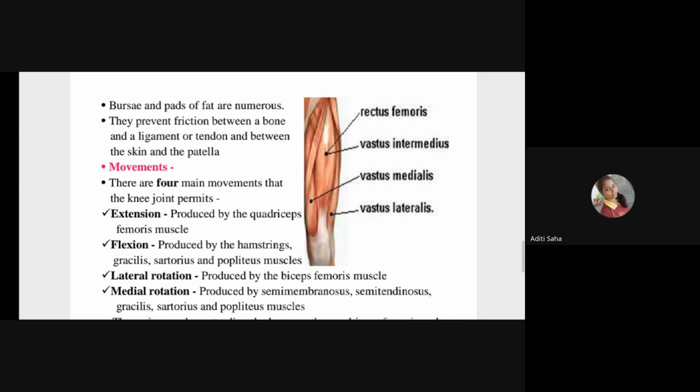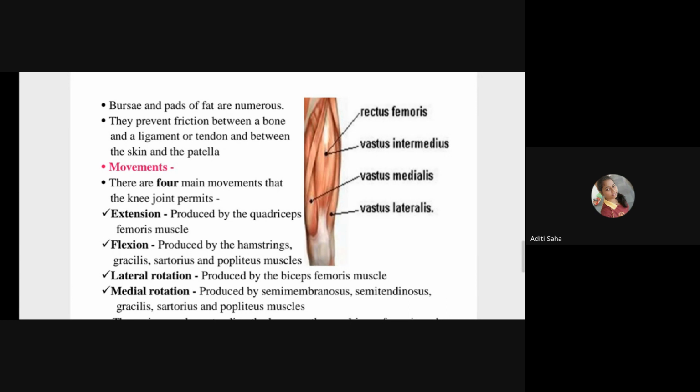Yes, good. On the thigh, on the front side. These are known as quadriceps. Quadri means four, so quadriceps is a group of four muscles. That is why it is known as quadriceps. The front of the thigh is made up of quadriceps muscles. So extension of the knee joint is done by the quadriceps femoris muscles.